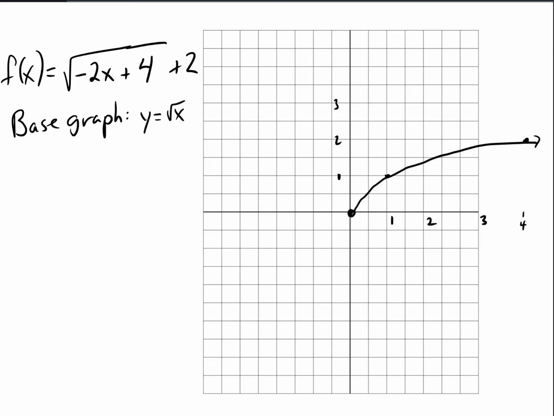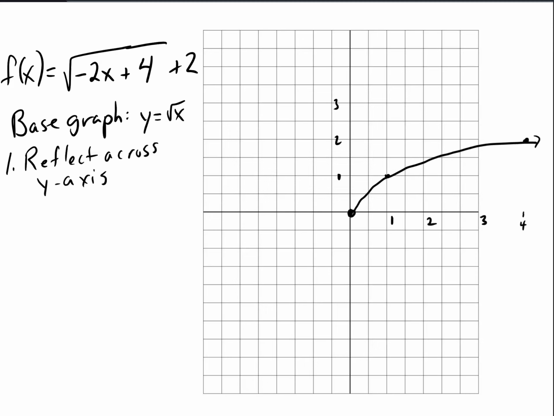I always handle my transformations in order from left to right as I see them, as it's written this way. So the first transformation we see is that we want to reflect across the y-axis. We know it's across the y-axis because, again, this negative is indicating a reflection.